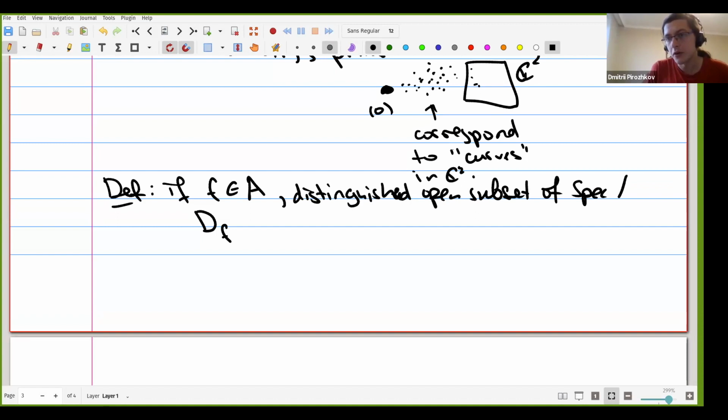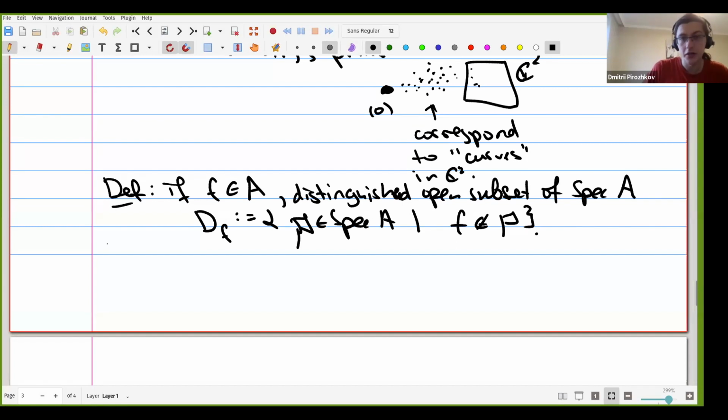Spec A corresponding to this element f is defined to be the set of prime ideals in the spectrum that do not contain f. You can check that this is an open subset because it's exactly the complement of the set of all prime ideals which contain f.